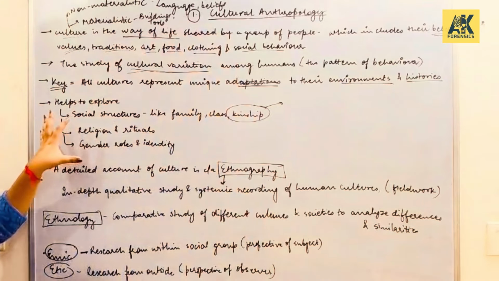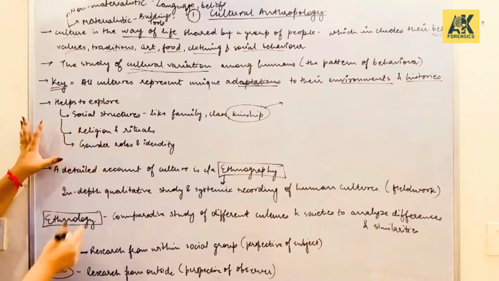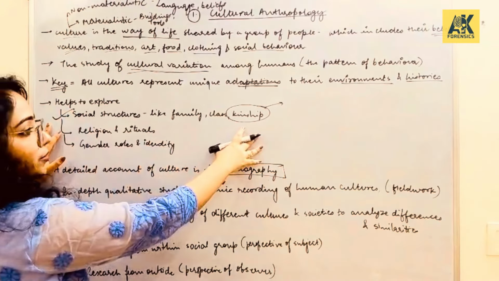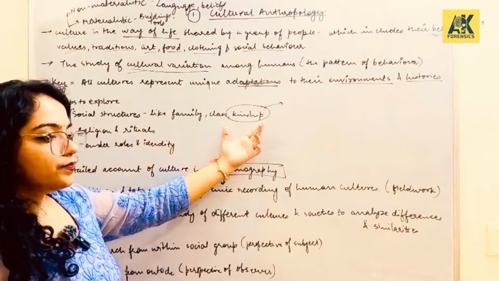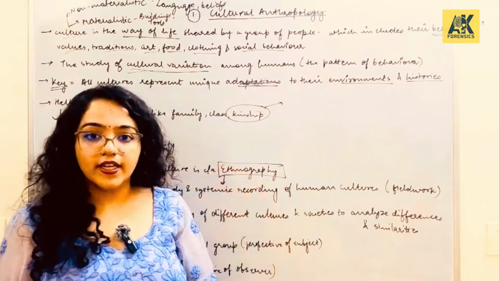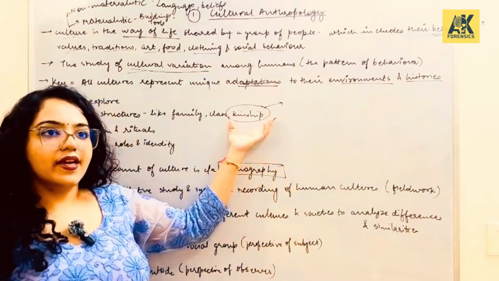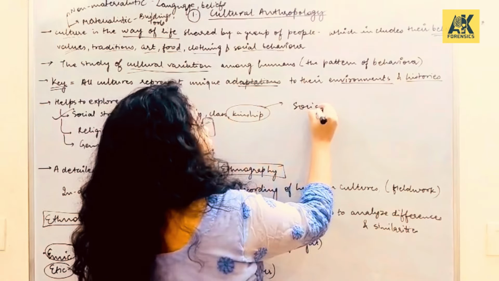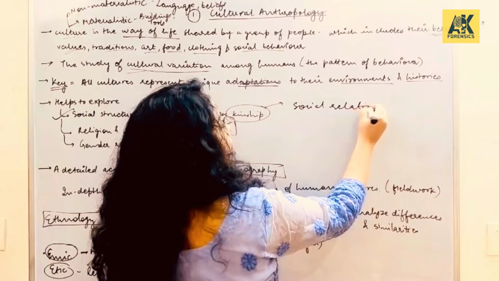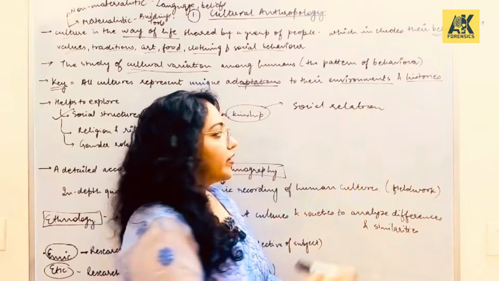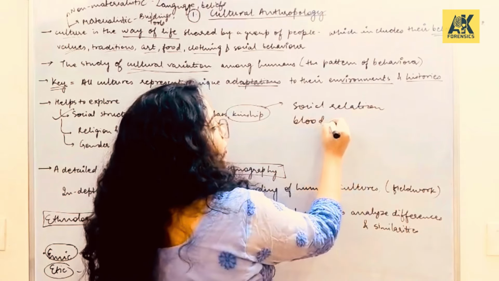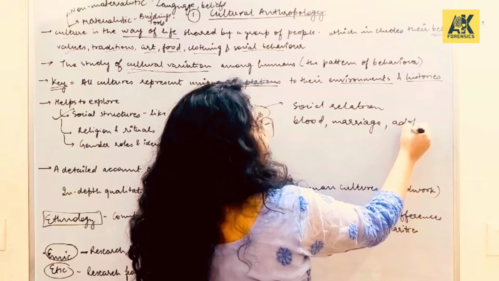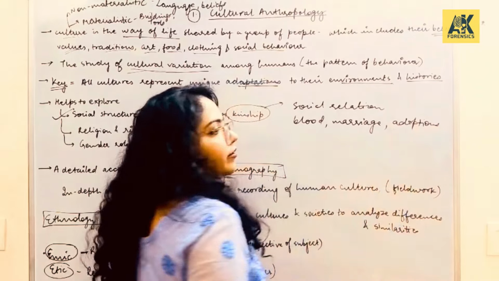Then cultural anthropology helps us explore the social structures: the family, the class, the kinship. Kinship is actually the term. If you search kinship, it is about studying social relations, right? Whether the two people in question are related by blood, by marriage, or through adoption.